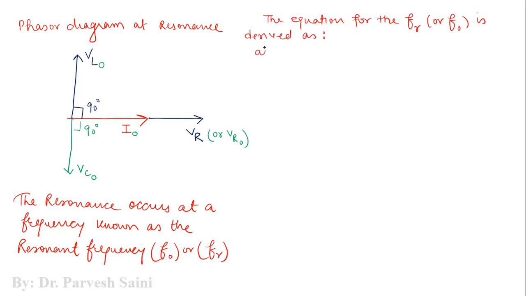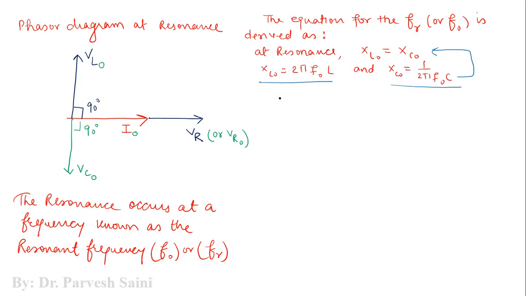We know that at resonance, XL naught is equal to XC naught, and XL naught is equal to 2 pi F naught L, and XC naught is equal to 1 upon 2 pi F naught C. Now let us take these two equations and substitute.